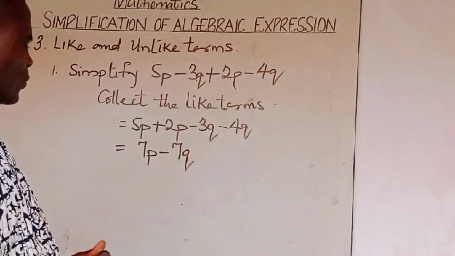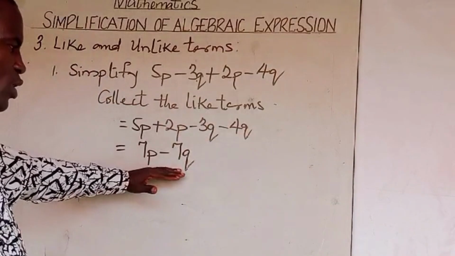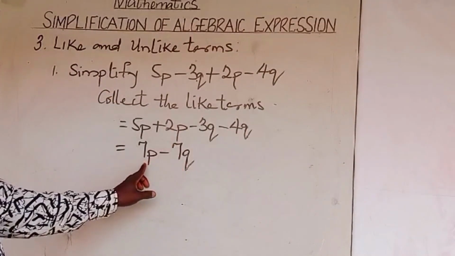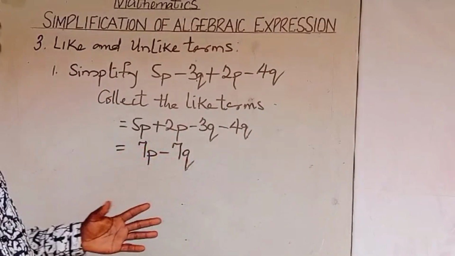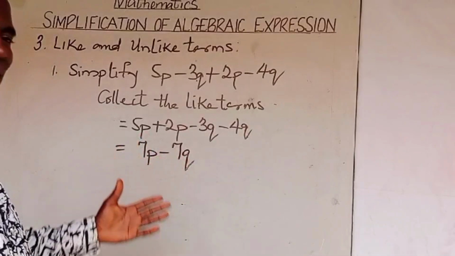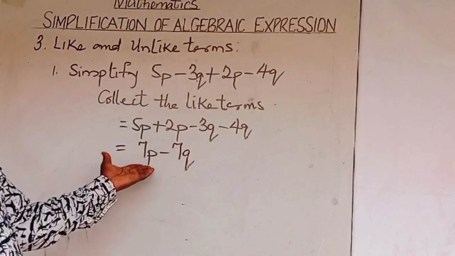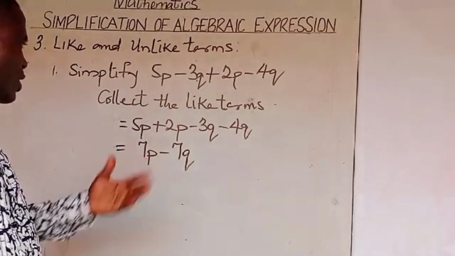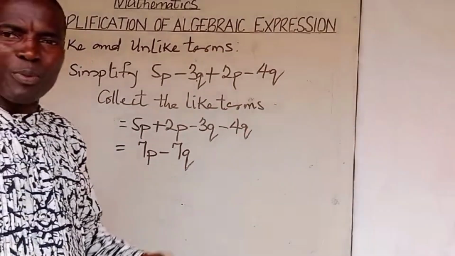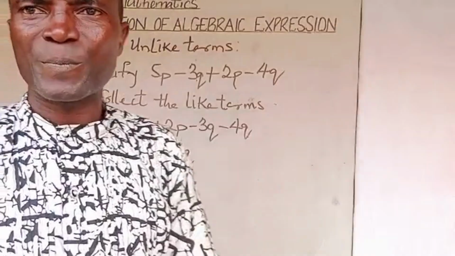So at this point, you notice this p and this q are unlike terms and they cannot flock together. So we are going to stop at this point. We cannot go beyond this point. I want to believe it's clear to everybody.